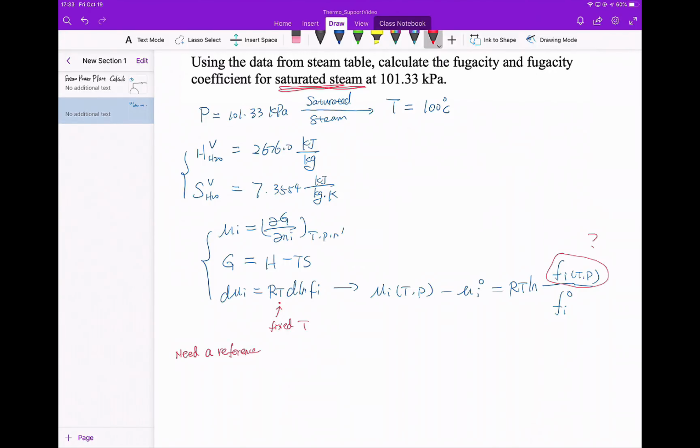And I want to pick up a reference at the same temperature, which is 100 degrees C.